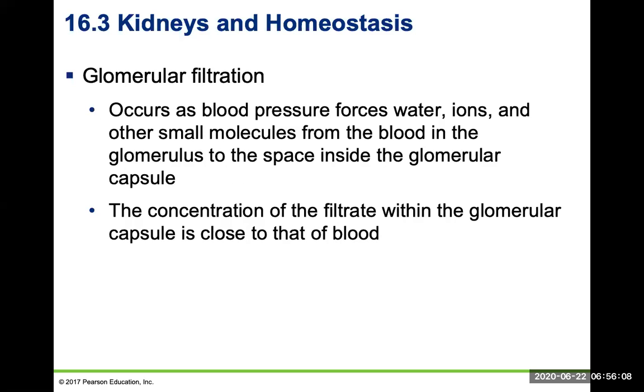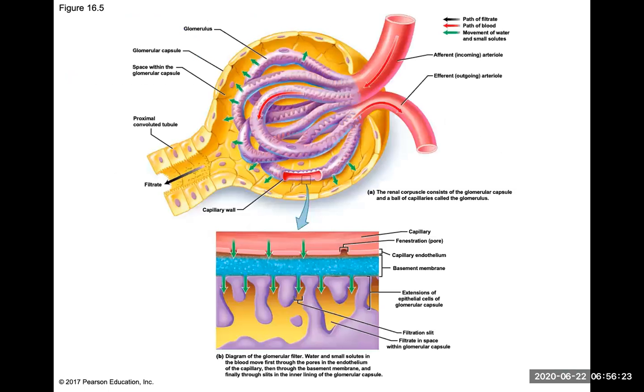Glomerular filtration occurs as blood pressure forces water, ions, and other small molecules from the blood in the glomerulus to the space inside the glomerular capsule, and the concentration of that filtrate within the glomerular capsule is then close to that of blood. So here's a look at the wall layer and how things get filtered from the blood capillary into this capillary space.